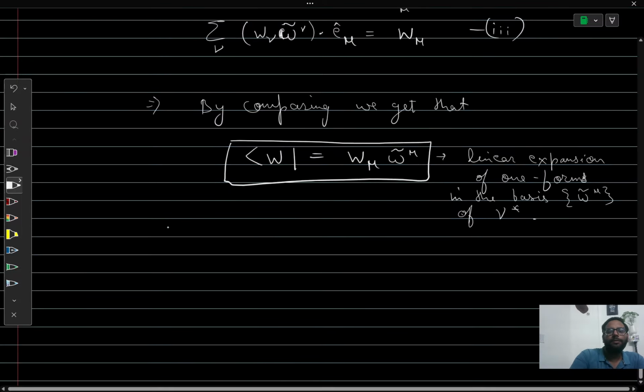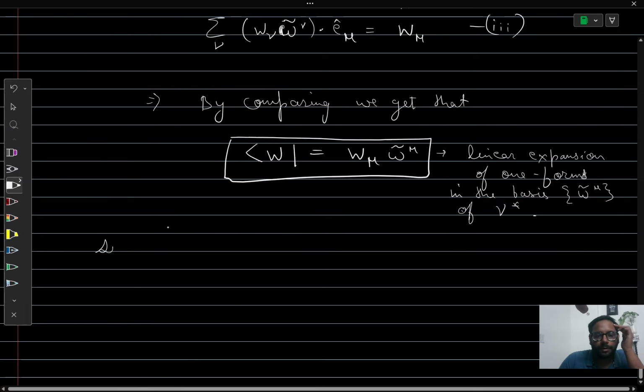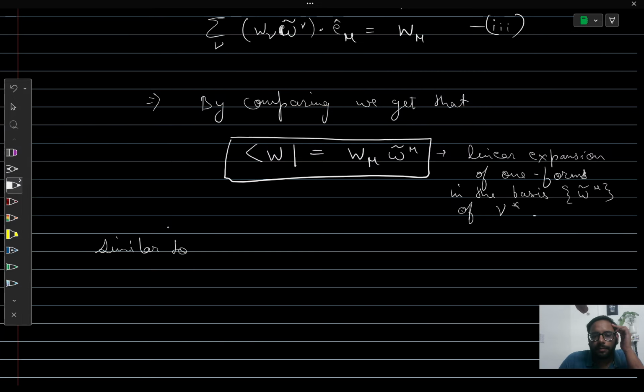It is similar to our vector case, where we used to write that any vector can be written as a linear combination. I should write it as a summation over mu. So any vector can be written as a linear combination of its components.